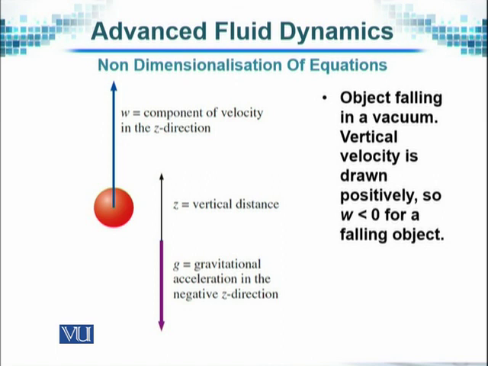The absolute value of velocity w in the vertical direction will be some non-zero value, but the negative sign only shows that we are taking the positive direction as upward while the body is moving in the downward direction.